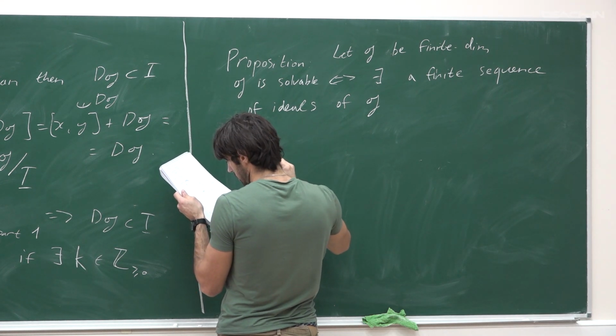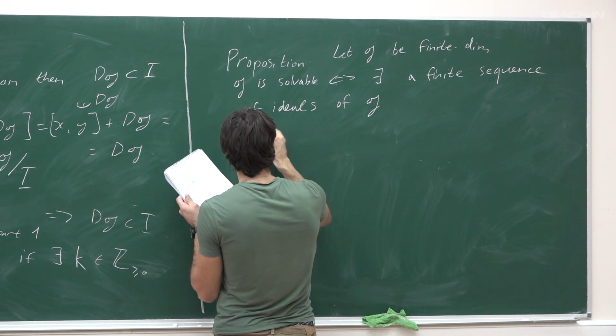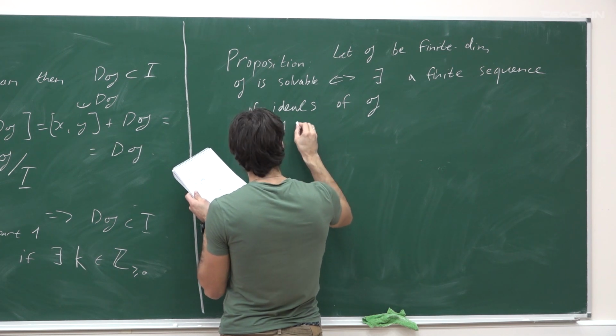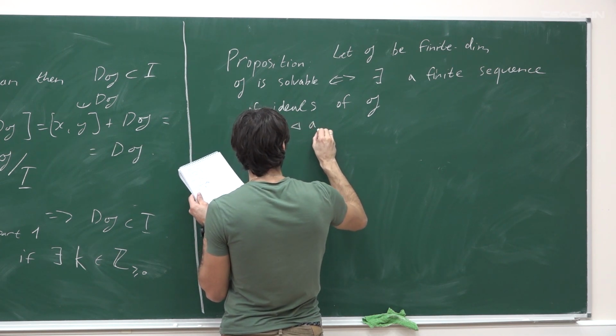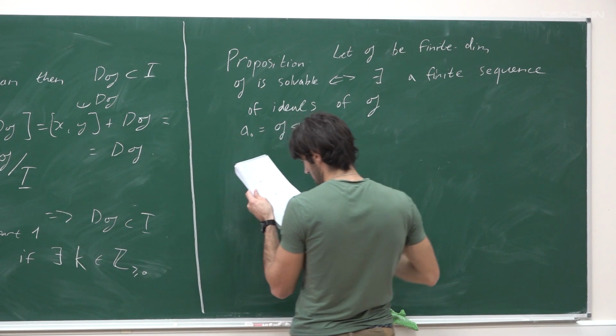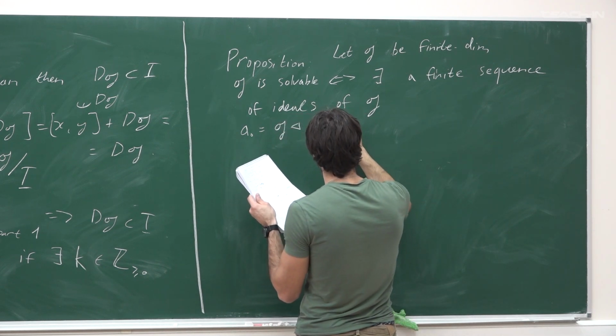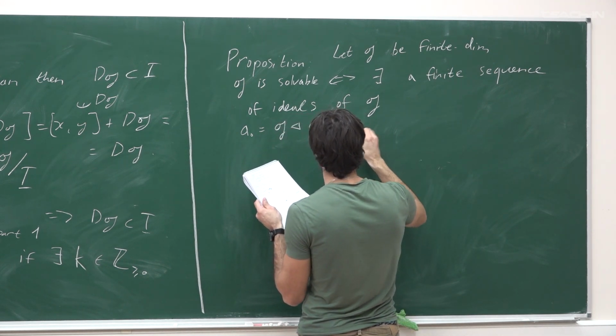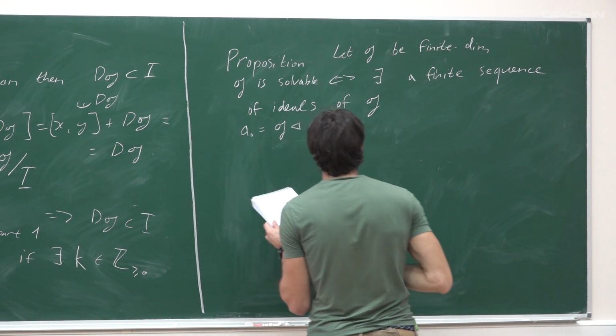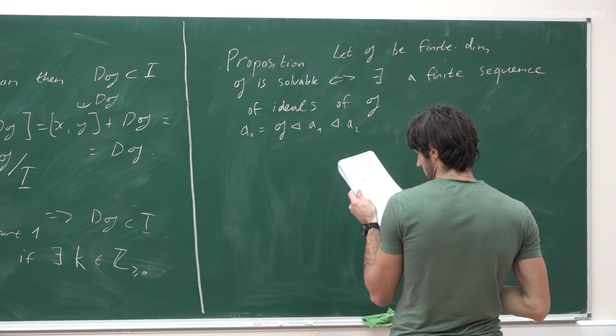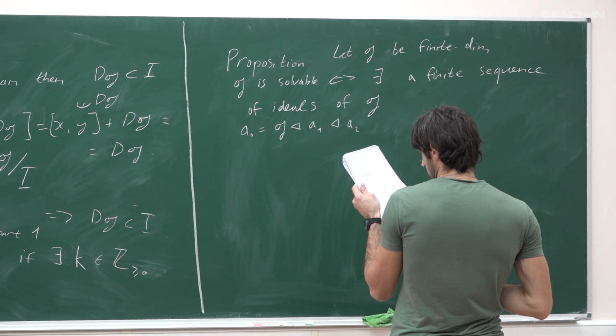I will denote them as A_i. A0 will be G, then A1 is an ideal inside G, A2 is an ideal inside A1.